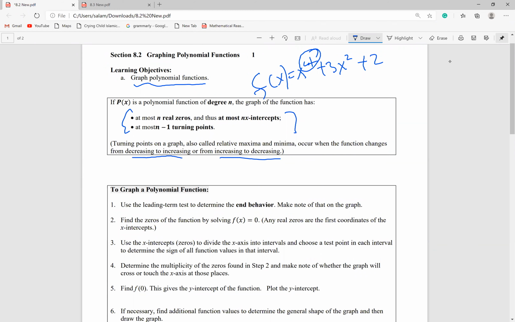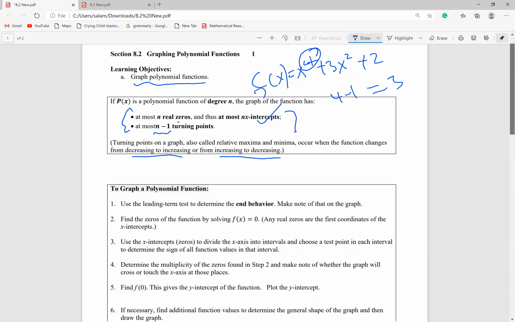So it's going to have at most 4 real zeros and thus at most 4 x-intercepts. Then what about the turning points? The turning points will simply be 4 minus 1, which equals 3. So it's going to have at most 3 turning points. That is what that is talking about.